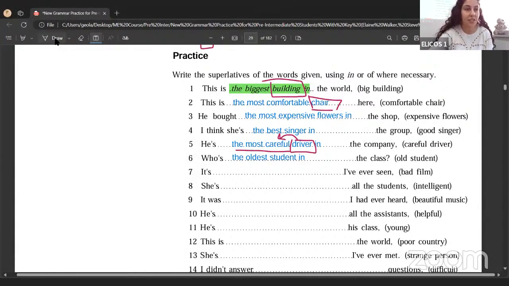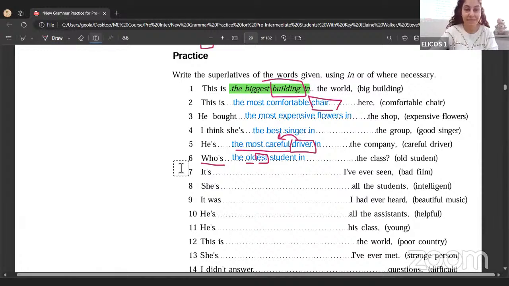So remember our questions, they could start with one of the W's, what, when, why, where, who, and I'm asking about a student, but I want to know of all the students, who's the oldest? Yep, so we add the EST to the adjective old. Who's the oldest student in the class, in your class? Or you could say, who's the oldest child in your family?